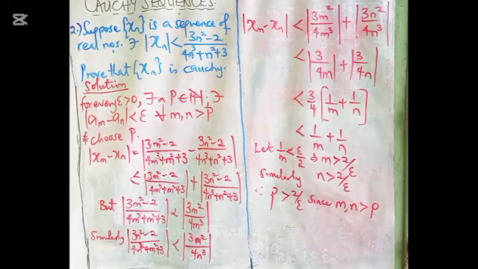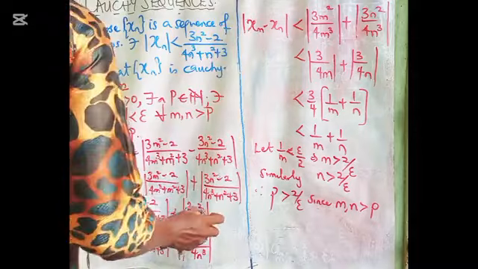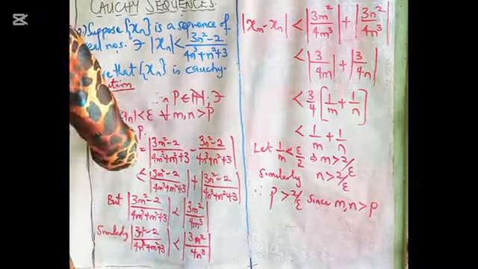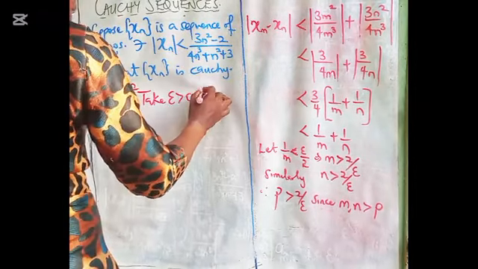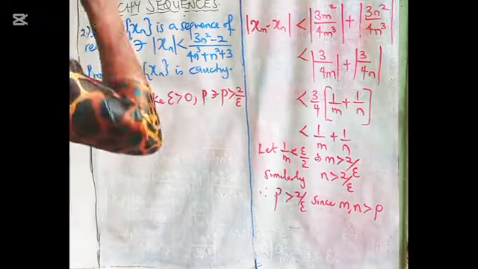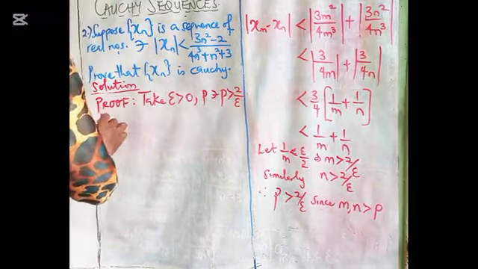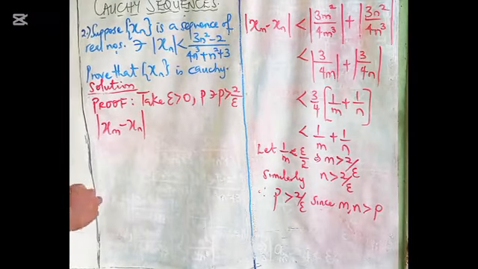We then go ahead now to prove that the sequence is Cauchy, having identified our p. We want to prove that the sequence is Cauchy. Take epsilon greater than 0 and p such that p is greater than 2 over epsilon. We want to show that x sub m minus x sub n will be less than epsilon.